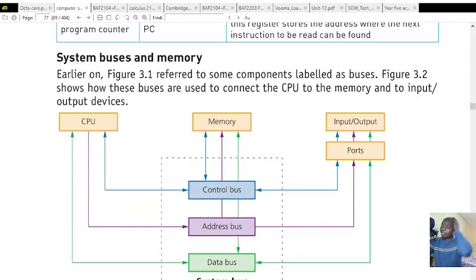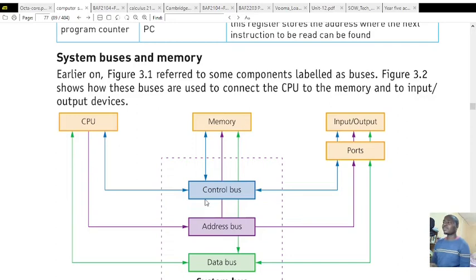As you can see, we have the CPU, there we have the memory, we have the input output ports, and we have the three types of buses: control bus, address bus, and data bus.